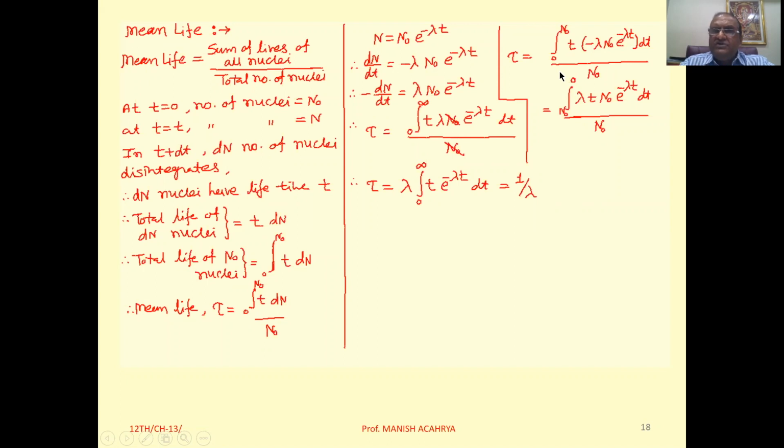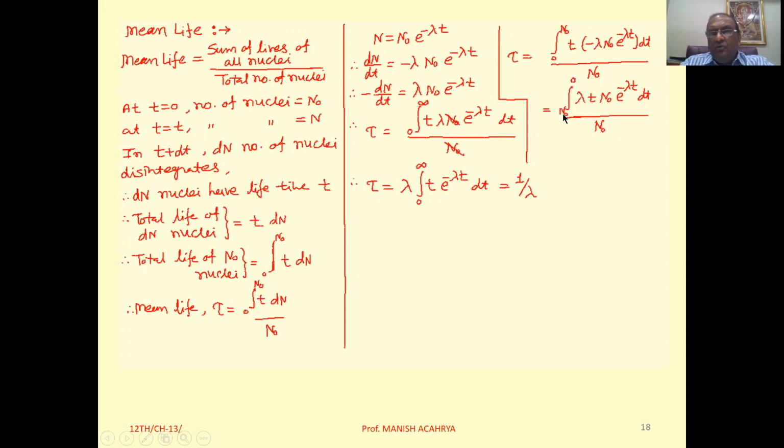Now, in integration, when you change the limit, then the sign will be changed. So now the limit 0 to n0 is changed from n0 to 0, lambda t n0 e raised to minus lambda t dt. But now we have to change this particular limit in terms of time.